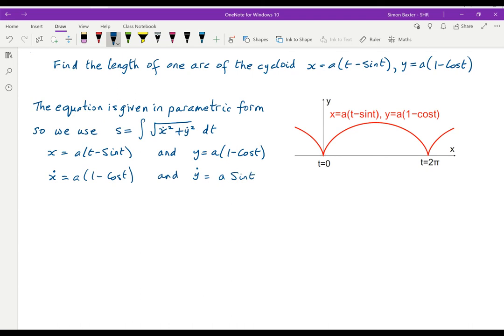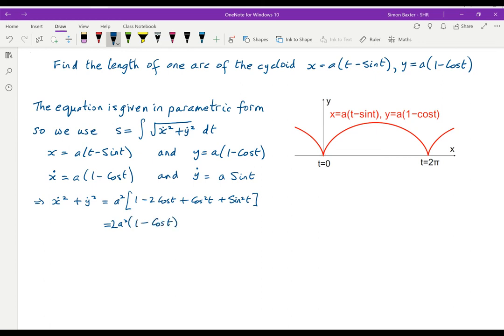We want x dot squared plus y dot squared, so let's look at that. I'm going to have an a squared in everything. (1 minus cos t) squared is 1 minus 2 cos t plus cos squared t. y dot squared is going to add a squared, which is outside the bracket, sine squared t, which is 2a squared(1 minus cos t).